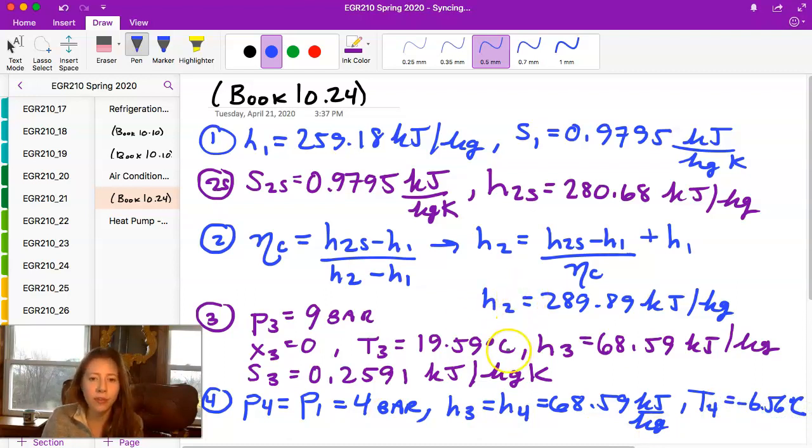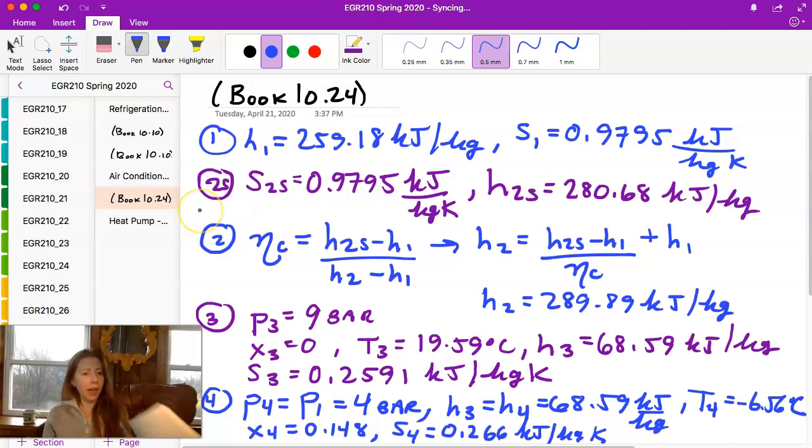And from there, we can get the quality knowing the enthalpy. So x4 is going to be 0.148. Once again, review last lecture if you want to see this step by step. And using that quality, we can get s4 is 0.266 kilojoules per kilogram Kelvin.